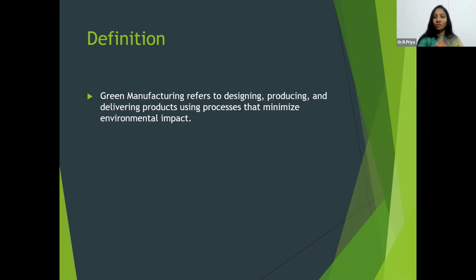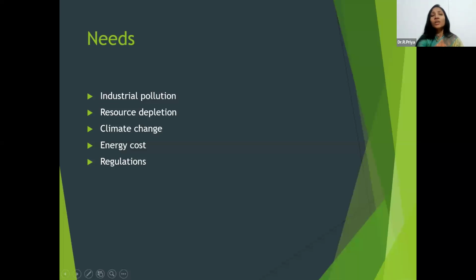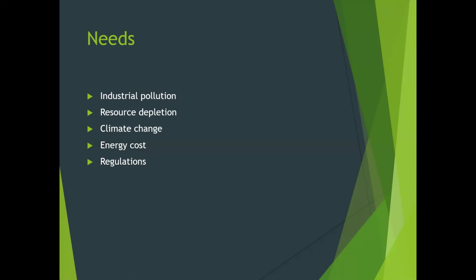Second, what is the need for green manufacturing? The needs are the factors that explain why green manufacturing has become essential for modern industries. First, industrial pollution.